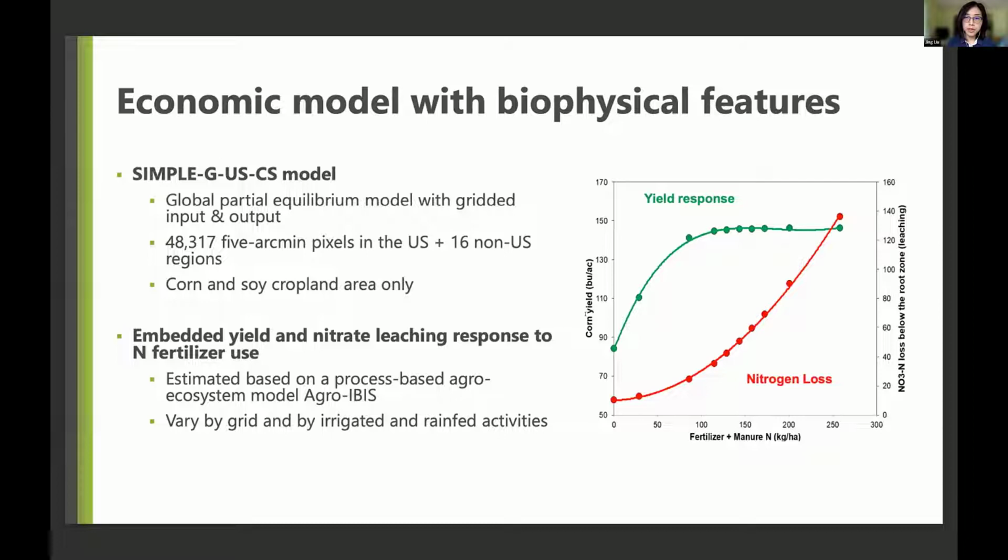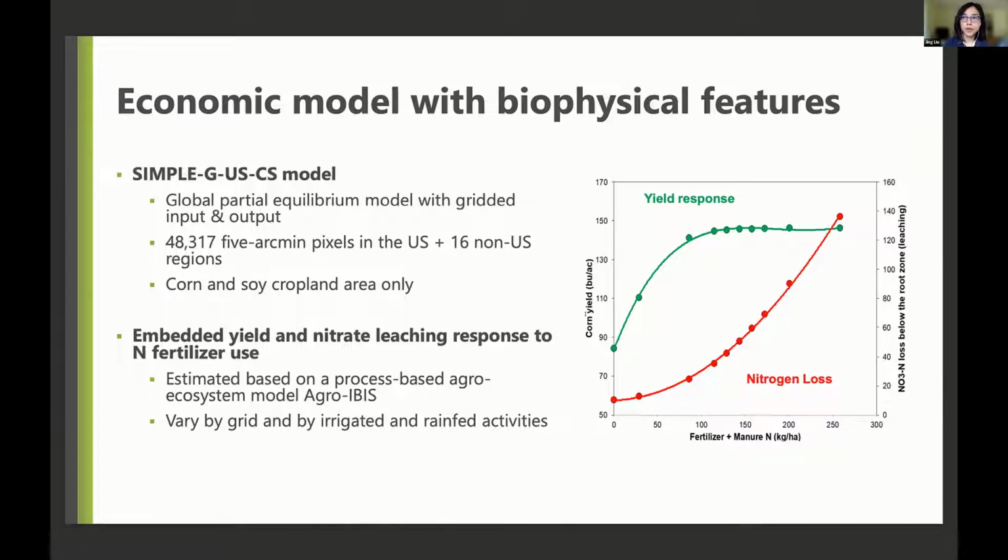The model we're using is a special version of SIMPLE-G. You talked about the general framework of SIMPLE-G, and the version we're using is SIMPLE-G US corn-soy. Corn-soy, because corn is a nitrogen-intensive crop and it is often rotated with soybeans.